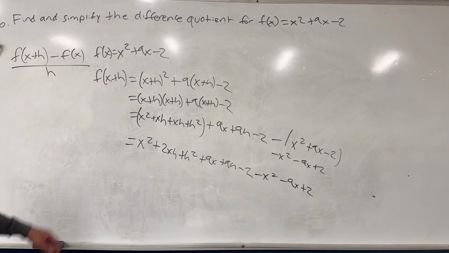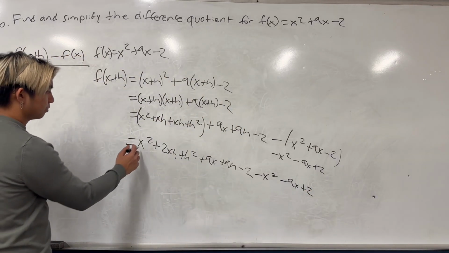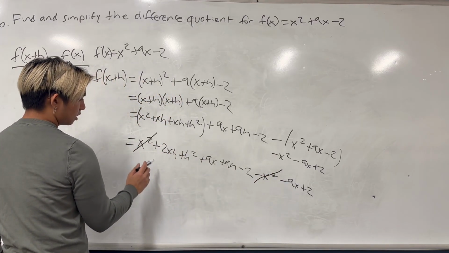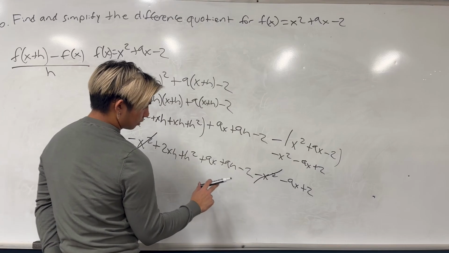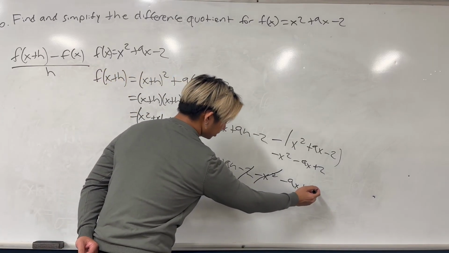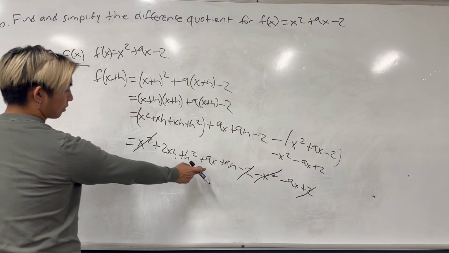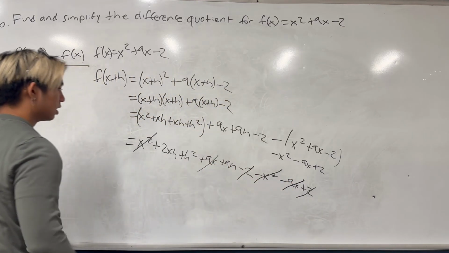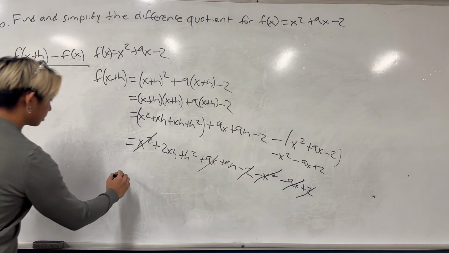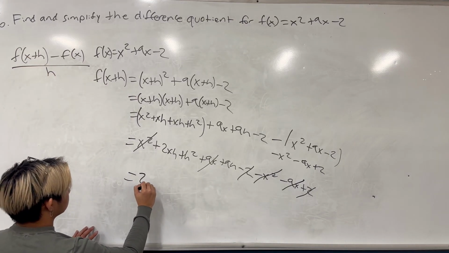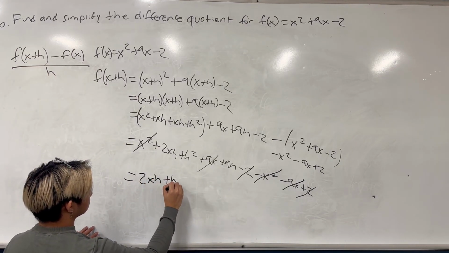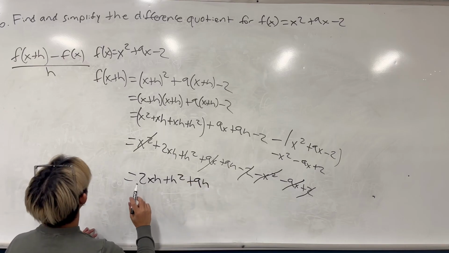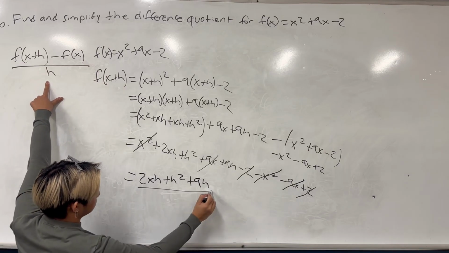All right, let's start crossing things out. We have an x squared and a negative x squared, so cross that out. We have a minus 2 and a plus 2, cross that out. We have a plus 9x and a negative 9x, boom, boom. What are we left with? 2xh plus h squared plus 9h, all over h.